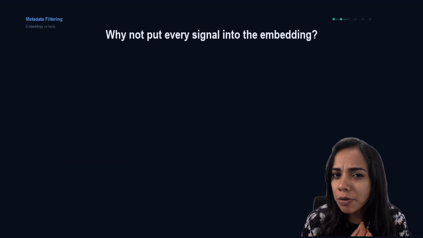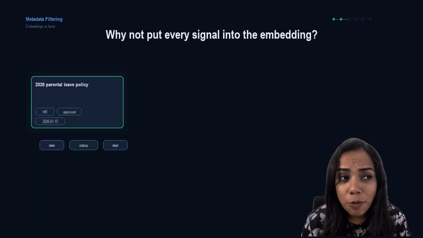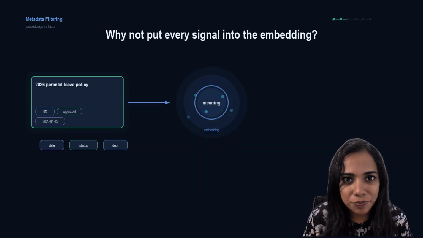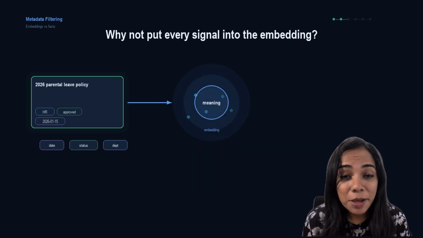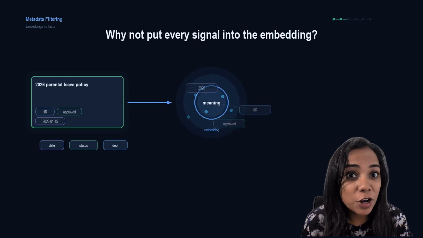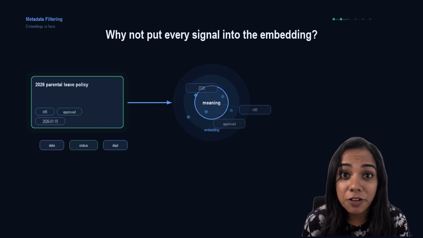A natural question here is, why not just stuff every possible signal into the embedding itself instead of using separate metadata? Well, you could try, but embeddings are built to capture meaning, not exact structured facts.